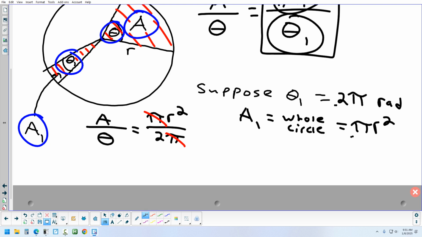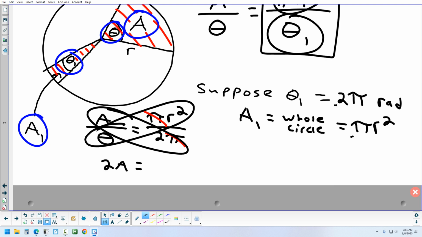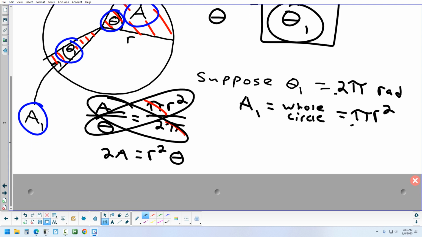And now let's cross multiply. What's A times 2? 2A equals, what's theta times r squared? It's just r squared times theta. So what we have there is a formula for double the area that you want to find.